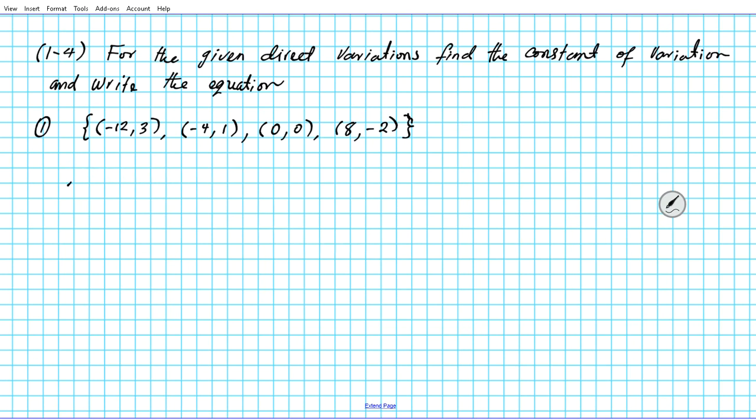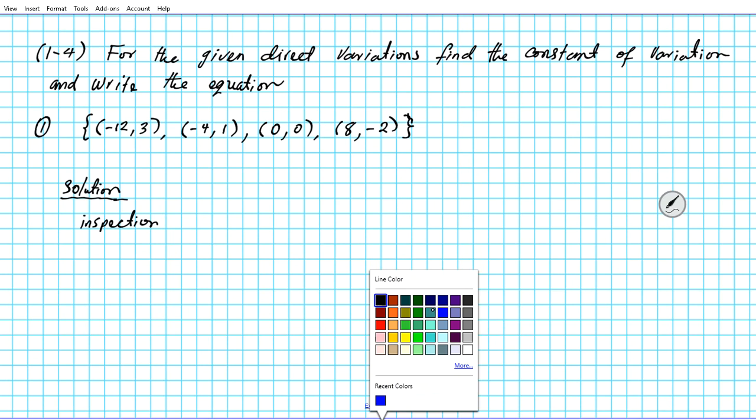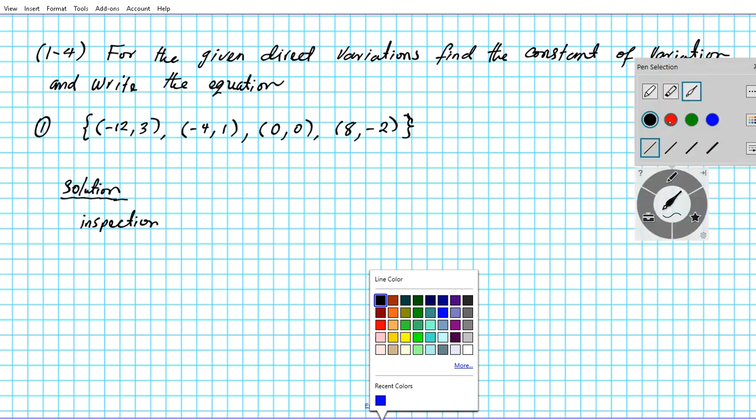Now, to find the constant of variation, we can do this by inspection. Let's do this by inspection first. Okay? So what do you multiply -12 by to get to 3? In order to get from -12 to 3, you notice that the signs change, right? So we're going to be multiplying by a negative, and the number is smaller, so it looks like we're going to be multiplying by a fraction.